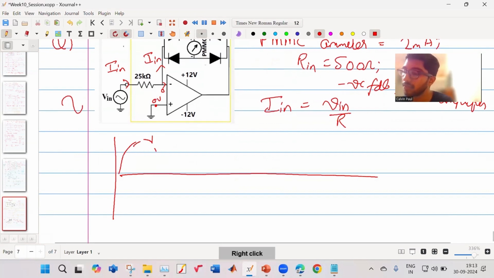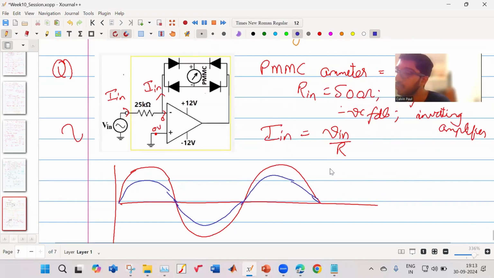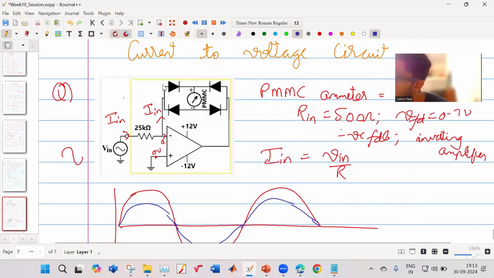Suppose this is my voltage, and my input current is like this. When my input current is positive, it will flow like this, like this, like this, and like this. It will complete the circuit.